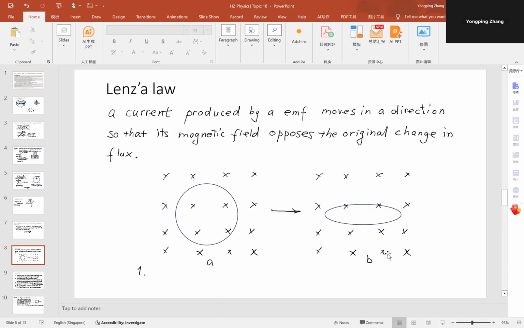This is Lenz's law. Lenz's law: a current produced by an EMF moves in a direction so that its magnetic field opposes the original change in the flux.